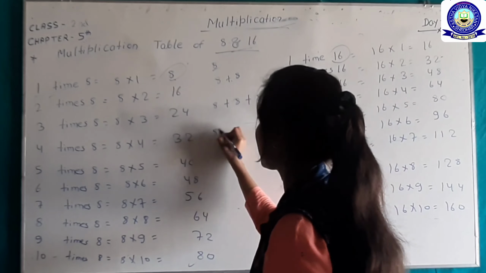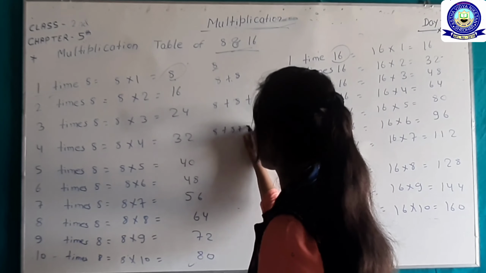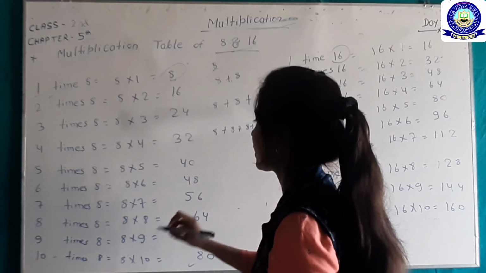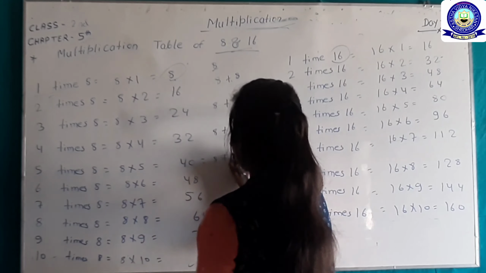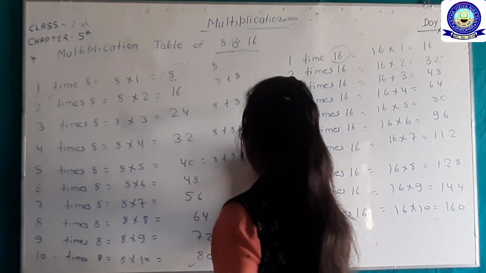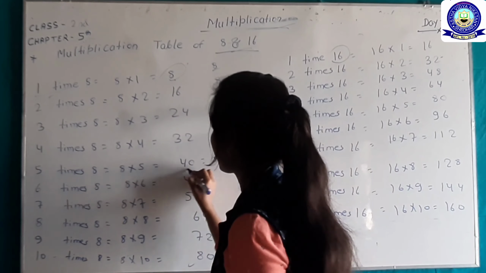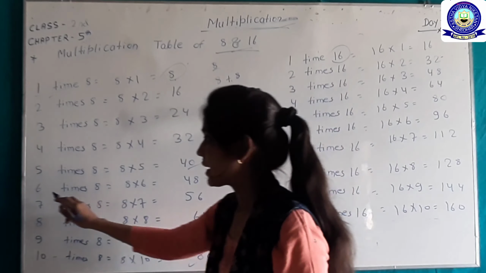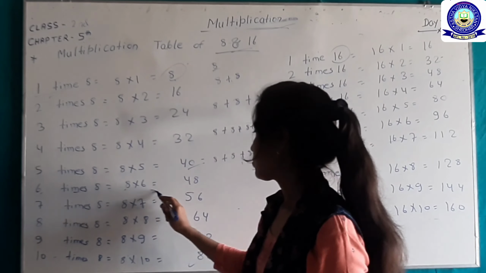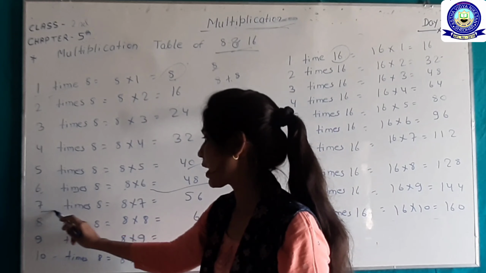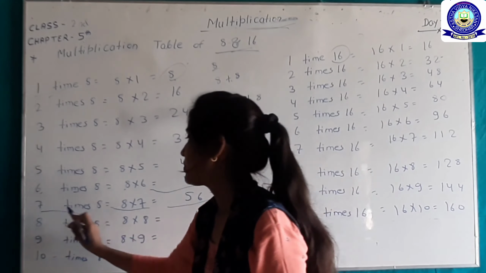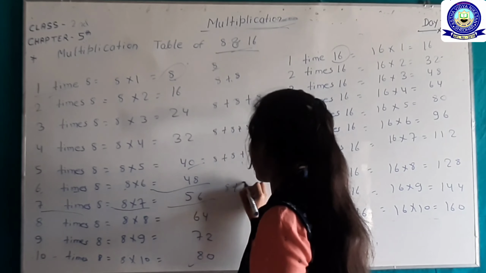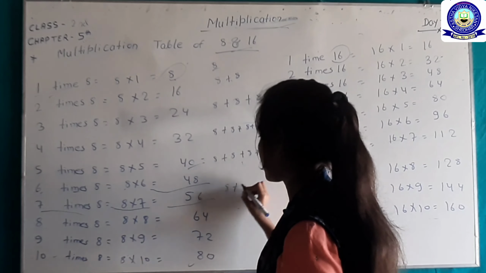When we write 4 times 8, we get 32. When we write 5 times 8, we get 40. In this way, when we write 6 times 8, 8 into 6, we get 48. When we write 7 times 8, 8 into 7, we get 56. 8 times 8 means repeating 8, 8 times.